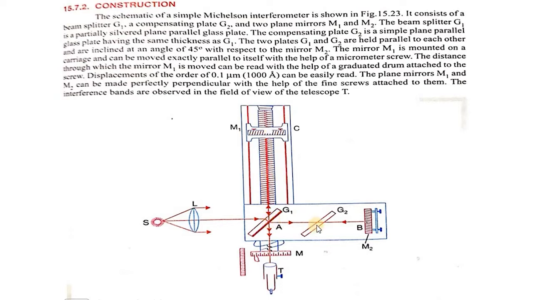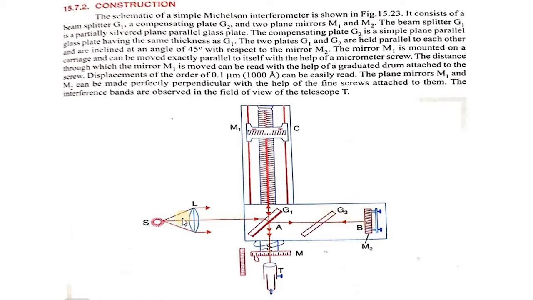And we have one more plate, the compensating plate G2, which is a plane parallel glass plate having the same thickness as G1. The two plates G1 and G2 are held parallel to each other and are inclined at an angle of 45 degrees with respect to the mirrors M2 and M1. That is, the glass plate G1 and the compensating plate G2 make an angle of 45 degrees with the mirror.